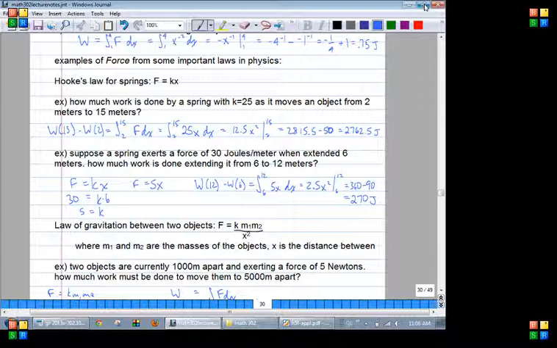So in physics, if you have a constant and you want to figure out what it is, there's some fact that you can use to find it. For example, the fact was you have a force of 30 joules when it's at 6 meters, therefore you can find K. When we do an integration and we get a constant, you can solve for the constant using some fact, and that kind of fact has a name.